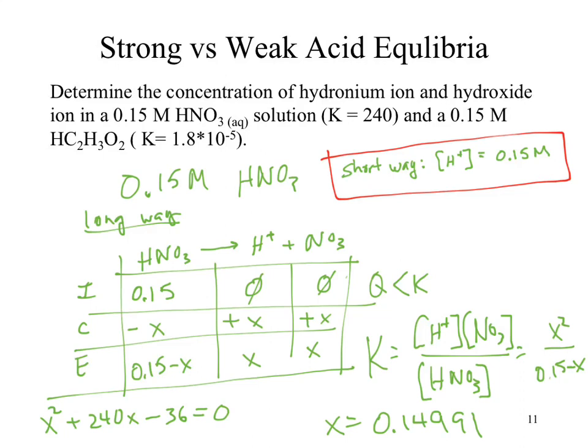Calcium hydroxide. What charge is calcium? +2, which means I need 2 hydroxide. If I start with a 1 molar solution of calcium hydroxide, what is the molarity of hydroxide in that solution? 2 molar, because of the coefficients from my formula.